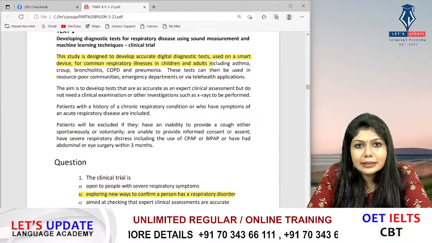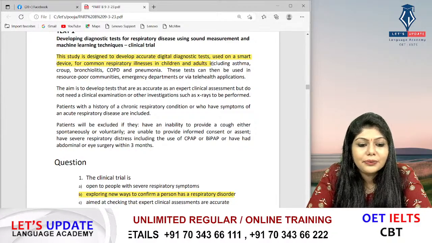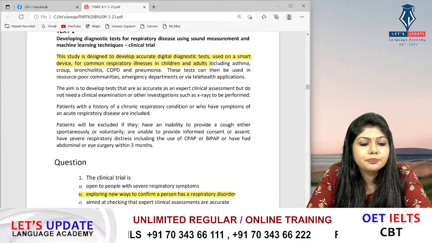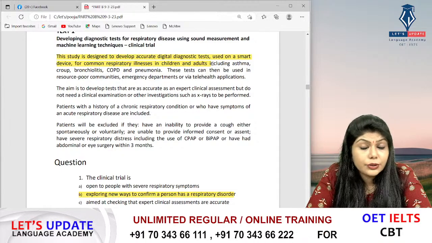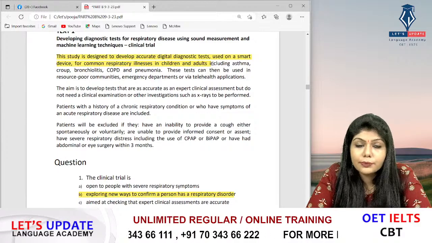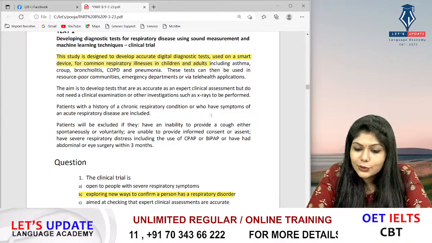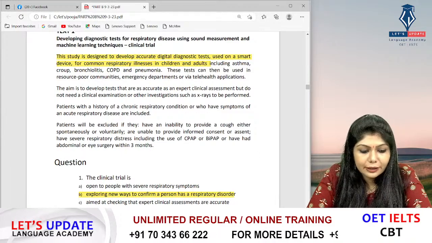The main idea is they are developing these kinds of tests, and this is aimed at confirming or assessing whether a person has a respiratory disorder or respiratory illness. That is the main aim. So that is why we have B.